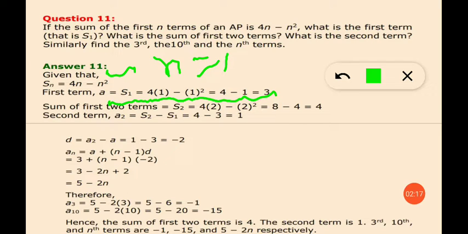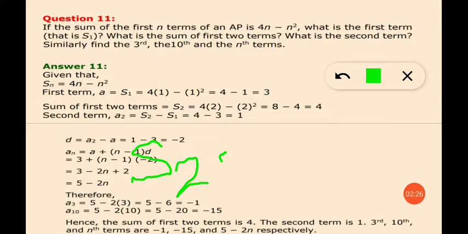Now the sum of the first two terms. The second thing which we have to find is the sum of the first two terms, which means S2. So we will put 2 in Sn and we will get the sum of the first two terms.